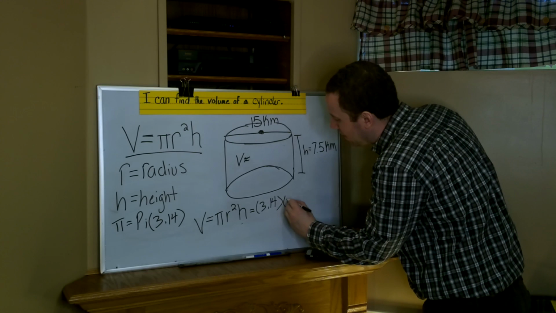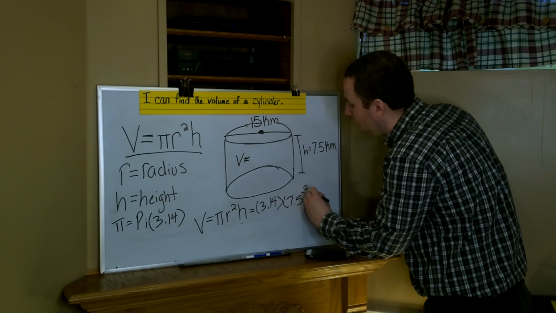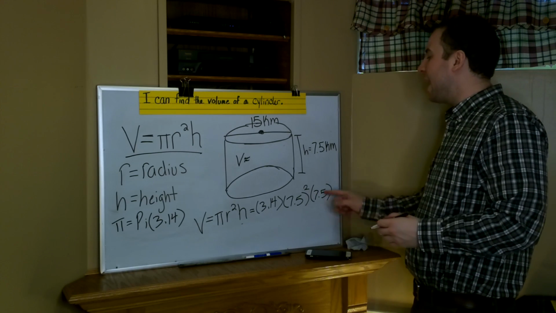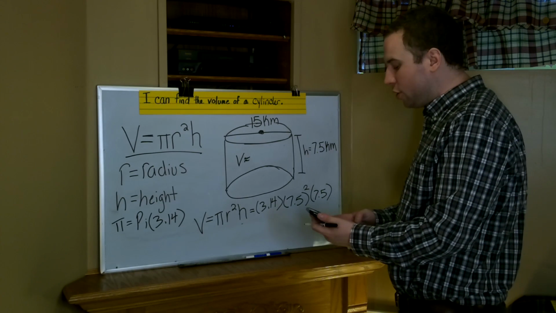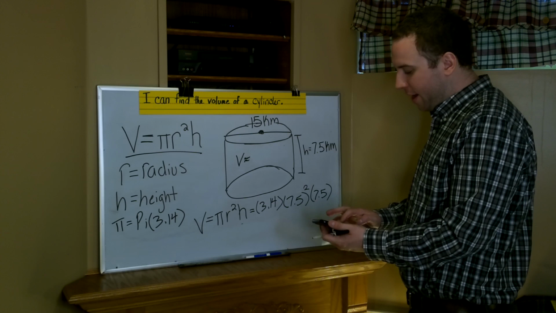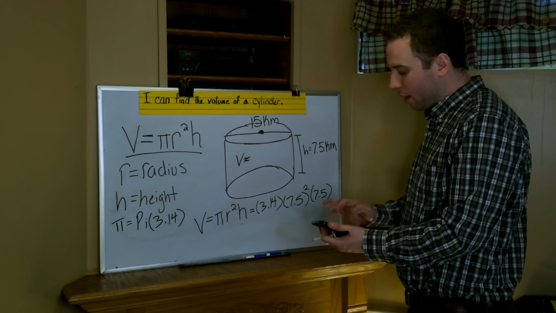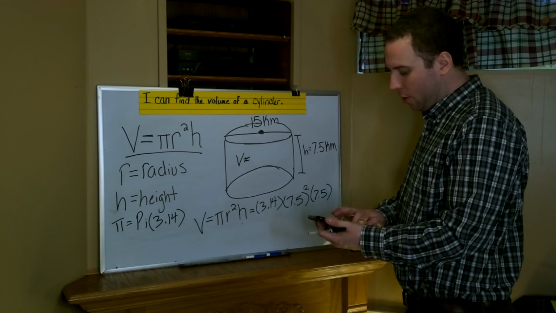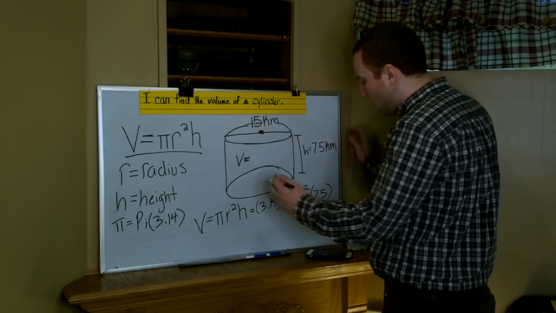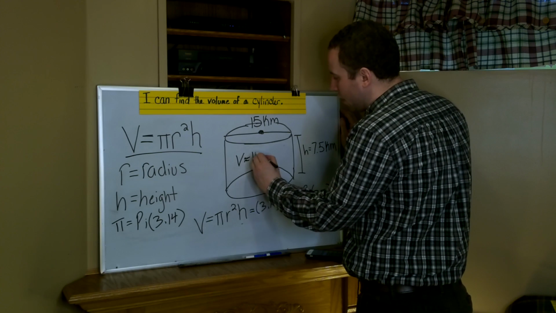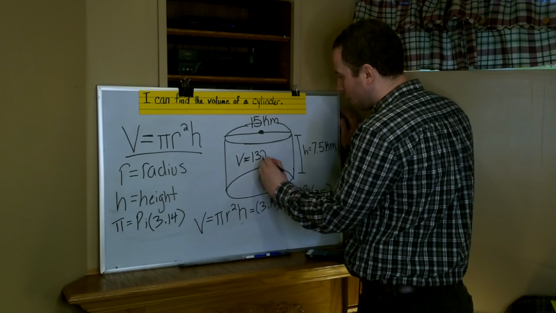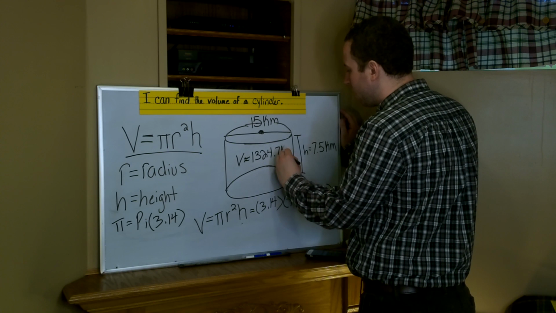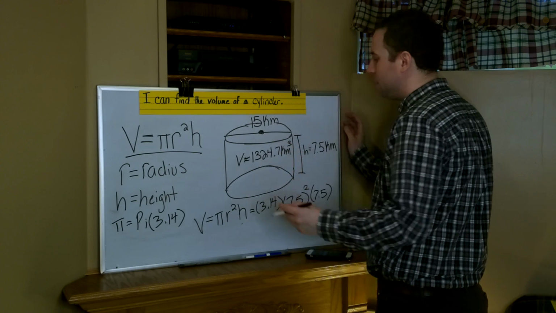So I get 7.5, square it, times 7.5, because that is our height. So if I do this, 7.5 times 7.5, times one more 7.5, because that's our height, times 3.14, our volume, and if we were to round this to the nearest tenth, we would get 1,324.7 kilometers cubed.